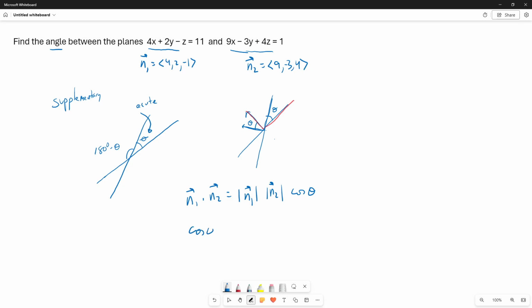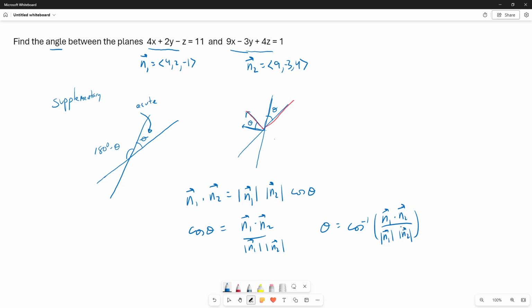So that means the cosine of theta is n1 dot n2 divided by the magnitude of n1 times the magnitude of n2. And so theta is the inverse cosine of this fraction. I forgot a 2 here. n1, n2, magnitude of n1, magnitude of n2.